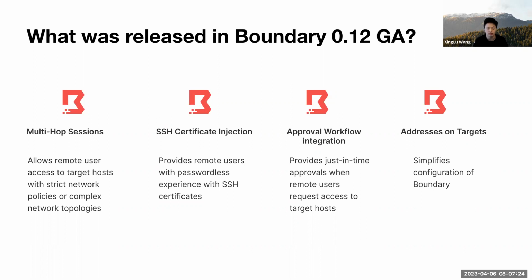Approvals workflow integration, so having a way to provide just-in-time approval for remote users that typically don't have access to a specific host or target. And finally, addresses on targets, simplifying that configuration of Boundary for the administrators.